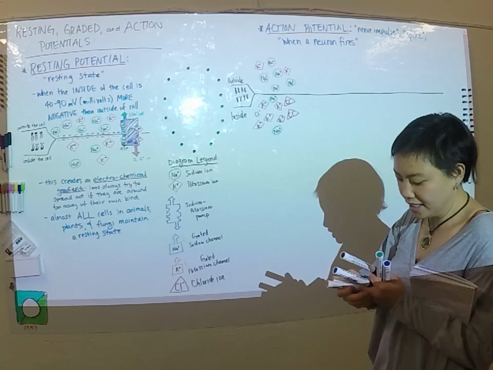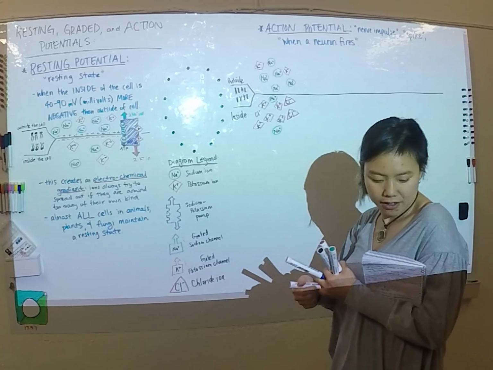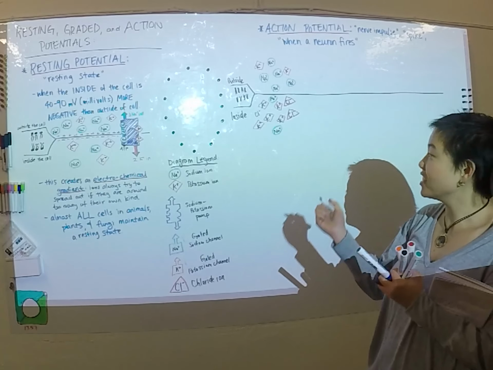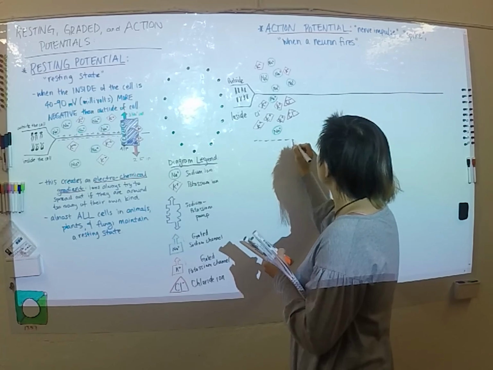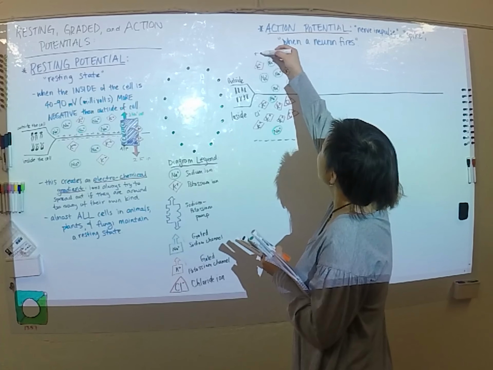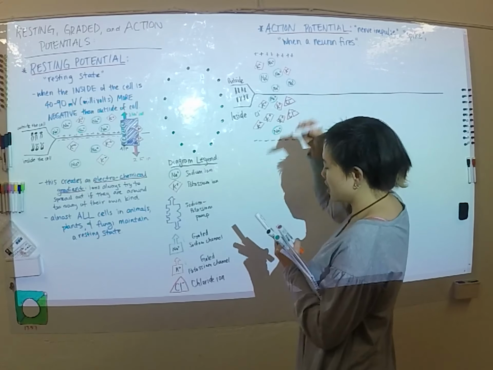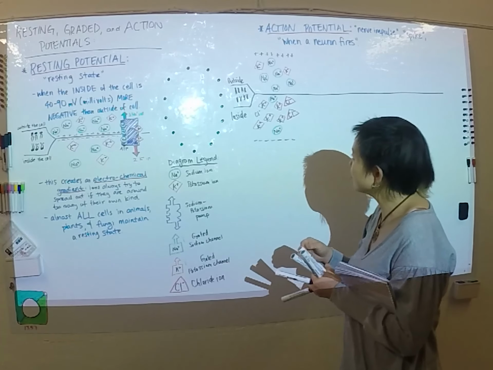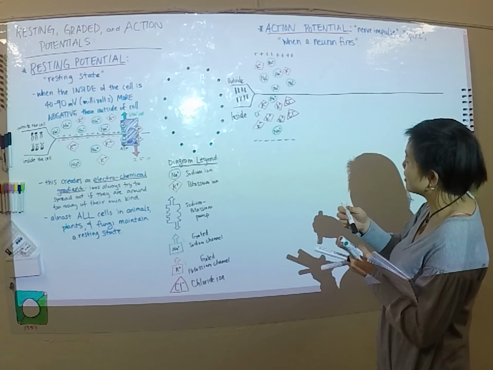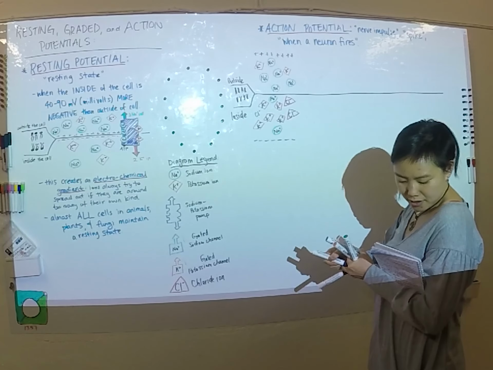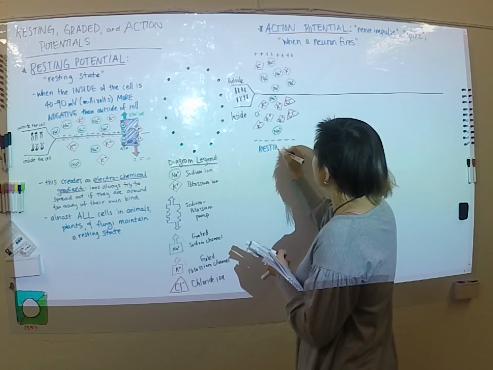So what this does is it makes the inside of the cell more negative than the outside of the cell, okay? So we've got more negative, and the outside is more positive, okay? Great, so this is, as we said before, the resting state.